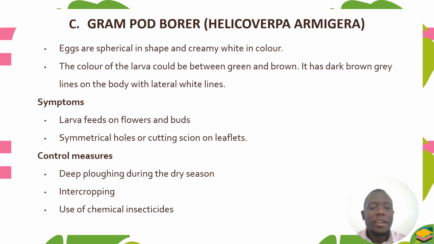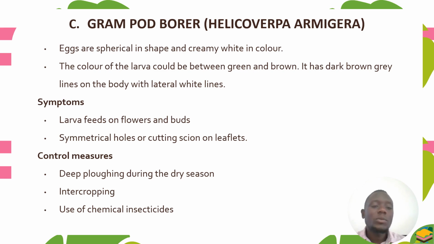The eggs are spherical in shape and creamy white in color. The color of the larva could be between green and brown. It has dark brown gray lines on the body with lateral lines which are white. So that's ground pod borer.